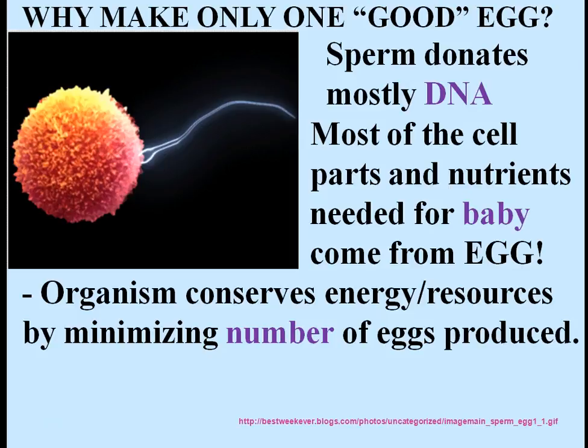The sperm cell is only going to be giving half of the DNA, and the mother, or the egg cell, is going to be providing all those nutrients and all those cell parts. Remember, the mitochondria you only get from your mom, you don't get from your dad. So all of that is going to be coming from the mother, and only half the number of chromosomes are going to be coming from the father.